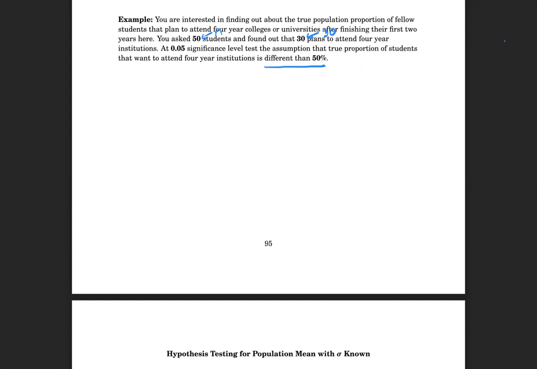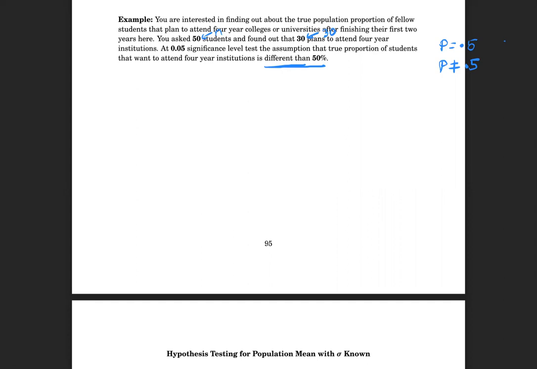It's two-tail. So the proportion or percentage of students that attend a four-year school is 50% or different than 50%, or P is not equal to 0.5. That's what it is. If you see the problems a couple of times, it will start to make sense. P is 50% or P is not 50%.